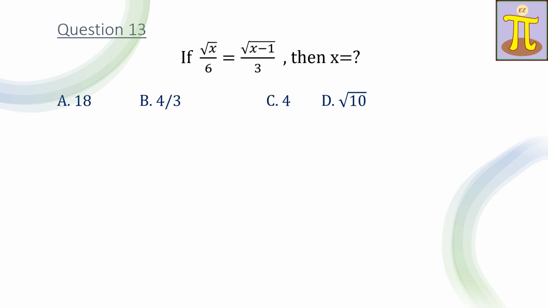Question 13. If the square root of x over 6 equals the square root of x minus 1 over 3, then what is x? First of all, we see 6 and 3, so 6 will be the least common denominator.